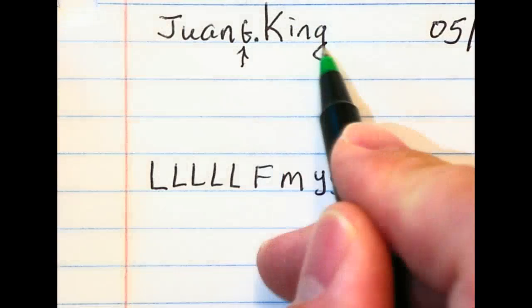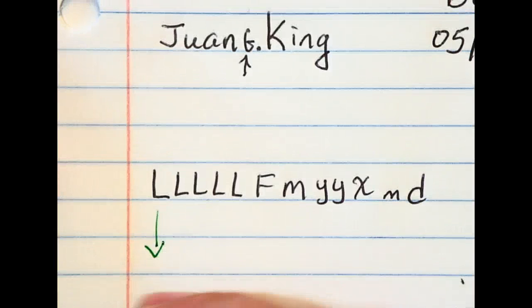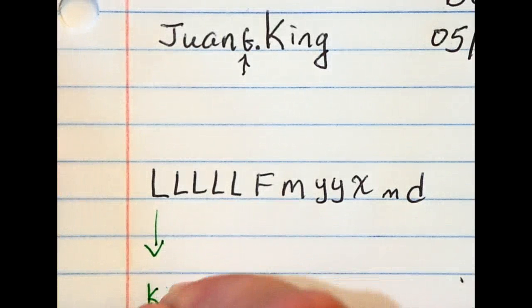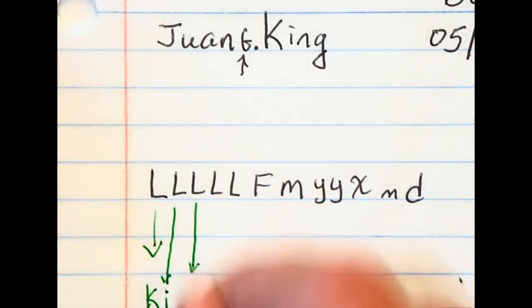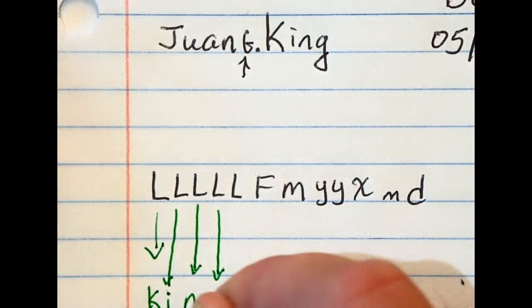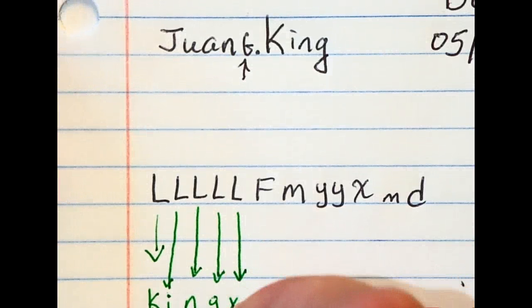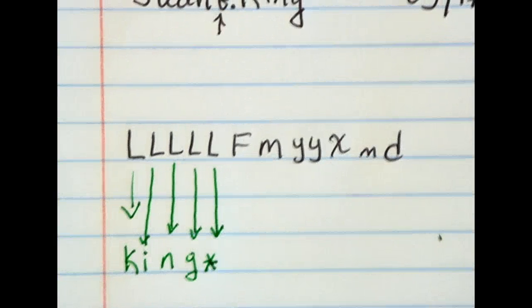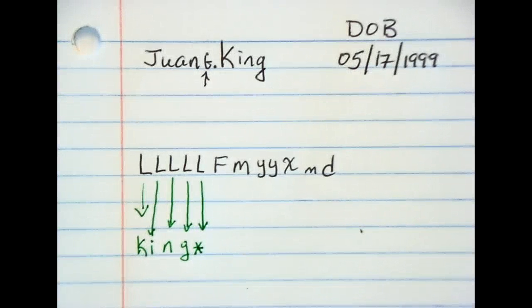So you take the first 5 letters of your last name. For instance, Juan, that would be King. K-I-N-G. Now, not everyone has 5 letters, so if you don't have 5 letters, you fill in with an asterisk. That's why some people's license numbers would have asterisks in them. So Juan King has an asterisk there for that last letter.